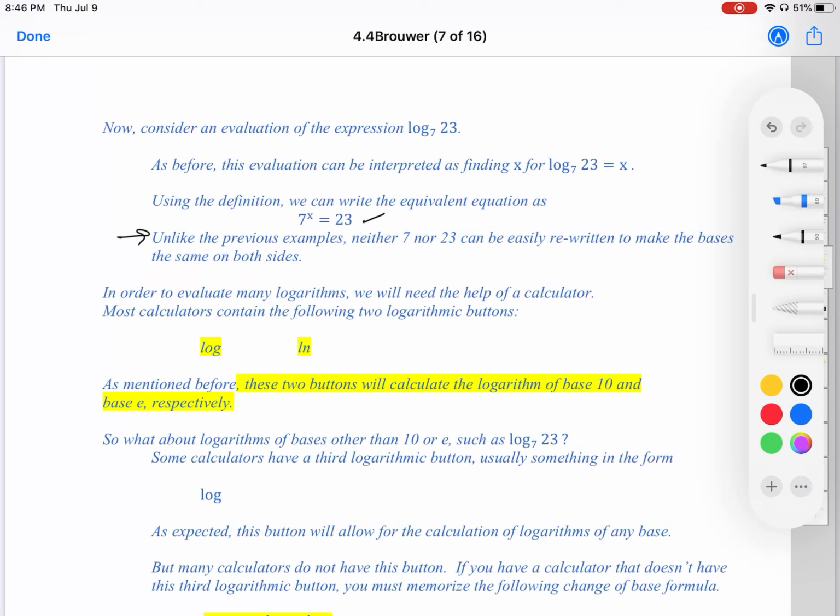Most calculators contain the following two logarithm buttons, something like this or this. As mentioned before, these two buttons will calculate the logarithm of base 10 and base e respectively. So this is log base 10, that's log base e.